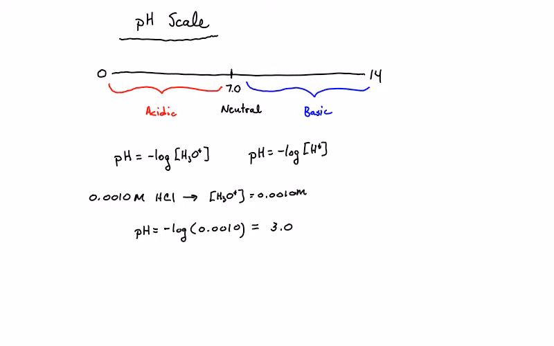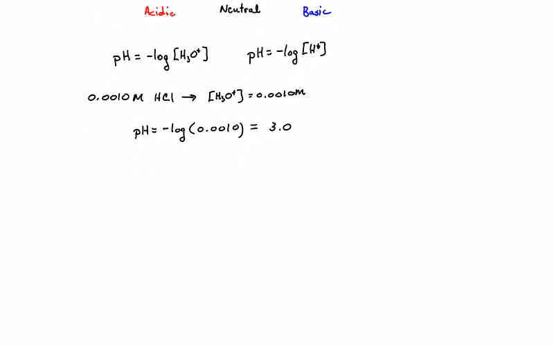But there's going to be some cases where it's not going to be quite so easy. Let's consider a solution where we have a concentration of, actually let's use scientific notation here to make this a little easier to look at, 3.80 times 10 to the negative 7th molar HCl.